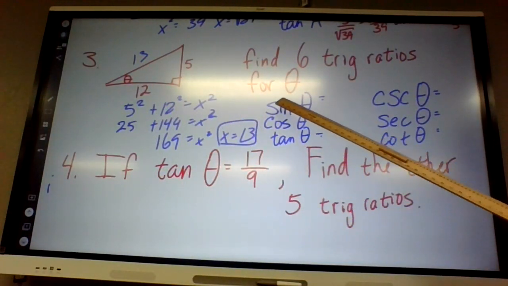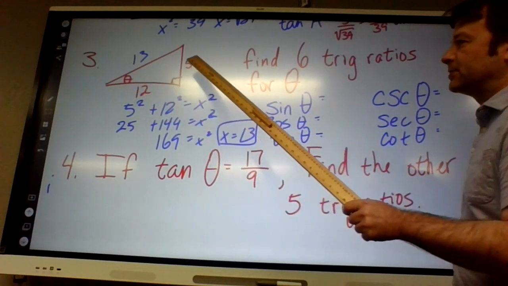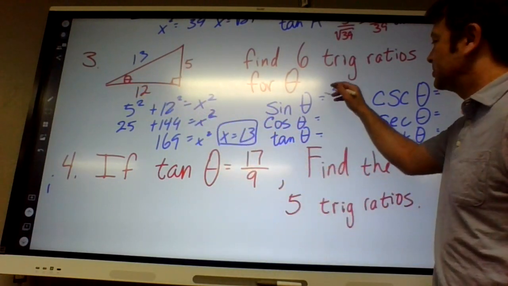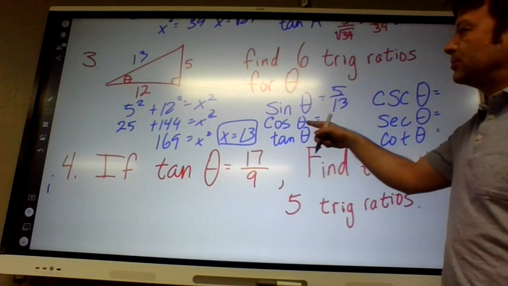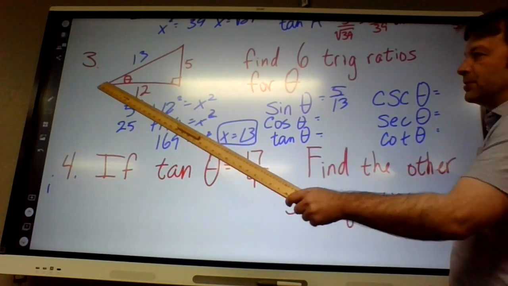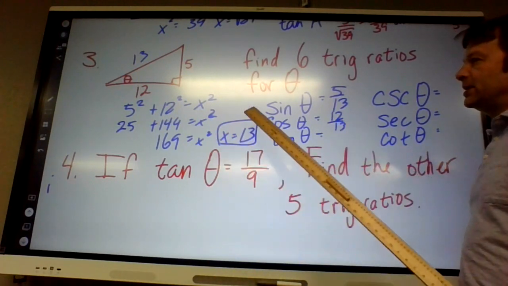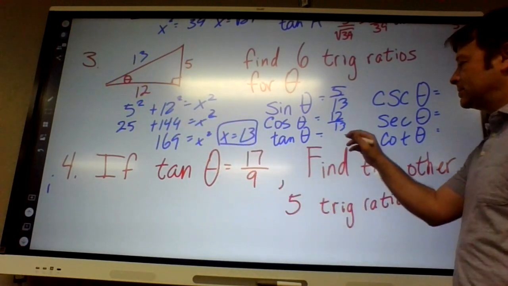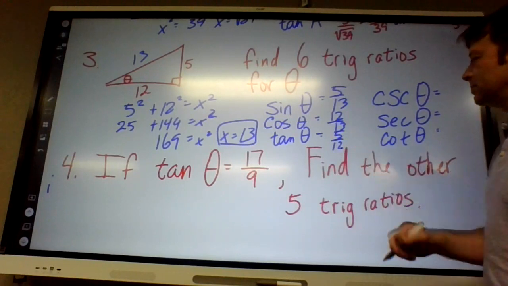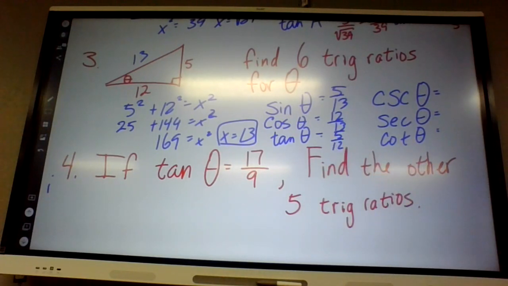Okay, so sine of theta is opposite over hypotenuse. Cosine is adjacent over hypotenuse. And tangent is opposite over adjacent. And then I guess the hard part maybe is remembering which of these goes with which of these.